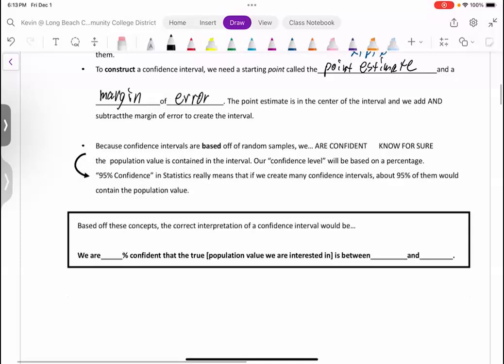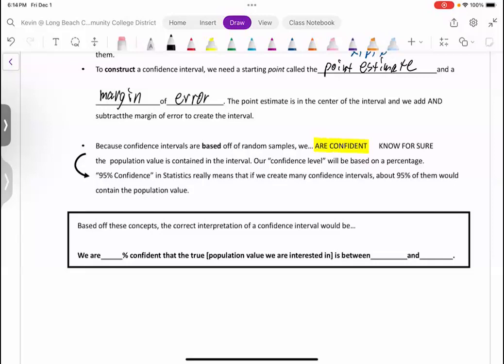Next up, because the confidence intervals are based off of random samples, and this is really important, we are confident. We never know for sure. Statistics is never about knowing for sure. It's all about probabilities. How close do we think we are to the true value? Because confidence intervals are based off of random samples, we are confident the population value is contained in the interval.